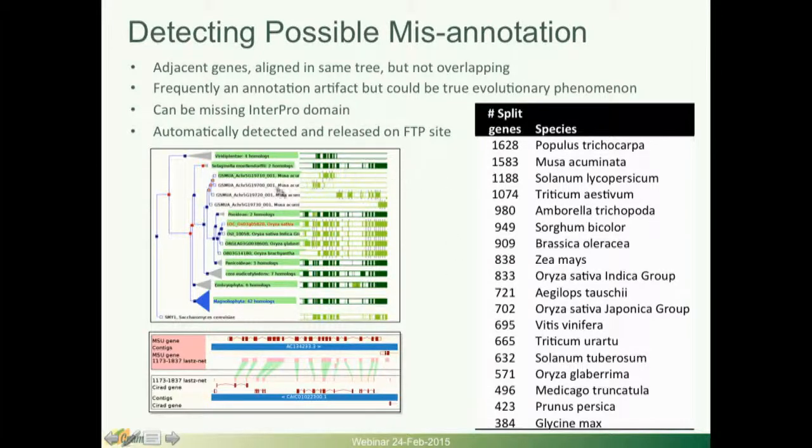So I'm not picking on any particular genome. We actually see this in all of our genomes, and we provide a list of possible, we call them putative, they're not confirmed, but putative misannotations, and we provide these lists in the FTP site if you're interested.